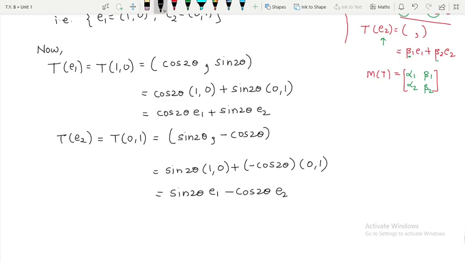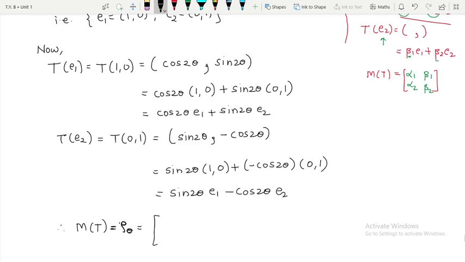So what is your matrix representation then? Therefore the matrix representation of this reflection map, sometimes the notation used is rho theta. Okay, so it is rho theta. Why rho theta? I will tell you.